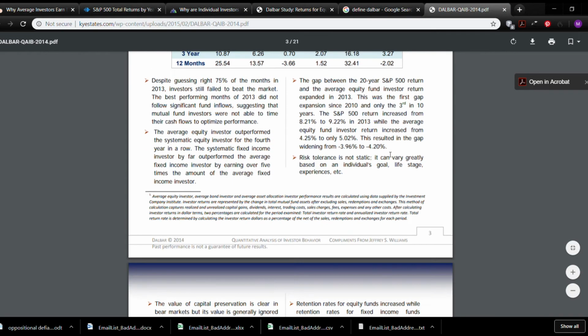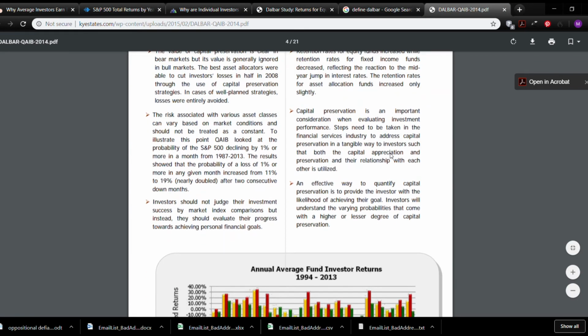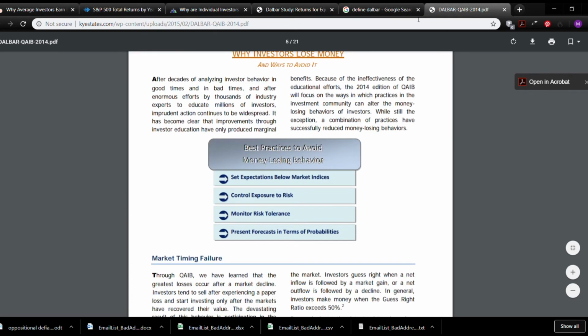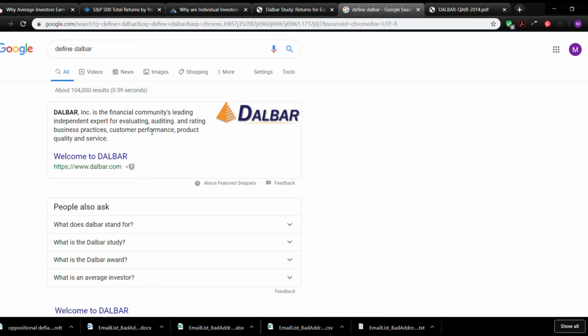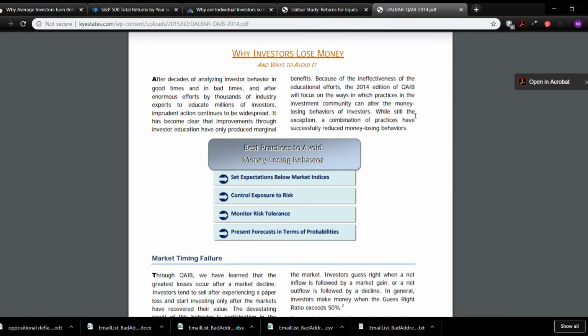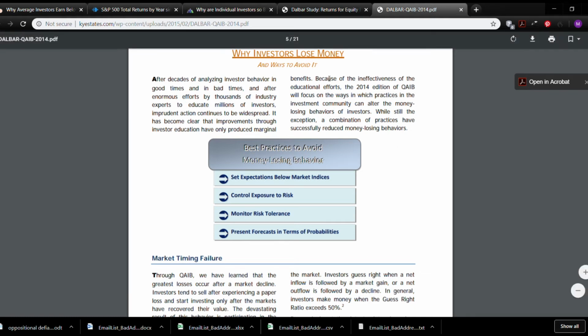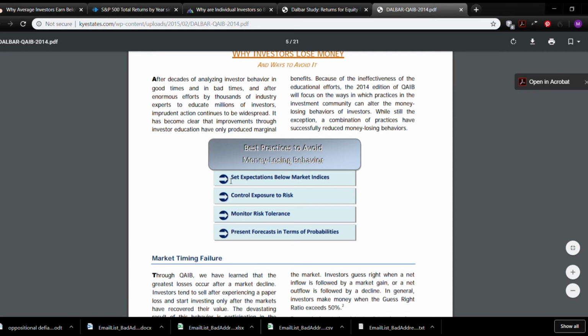The first is I'm going to go to a presentation that was given on Dalbar. Dalbar is the financial community's leading independent expert for evaluating, auditing, and rating business practices, customer performance, product quality, and service. Now, Dalbar talks about different investor behaviors and how the average investor tends to do worse than the actual market. And one of the recommendations that they give is to set expectations.